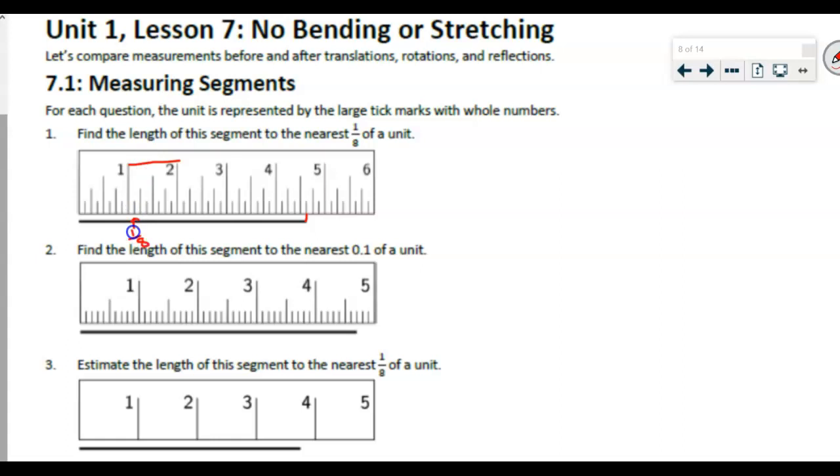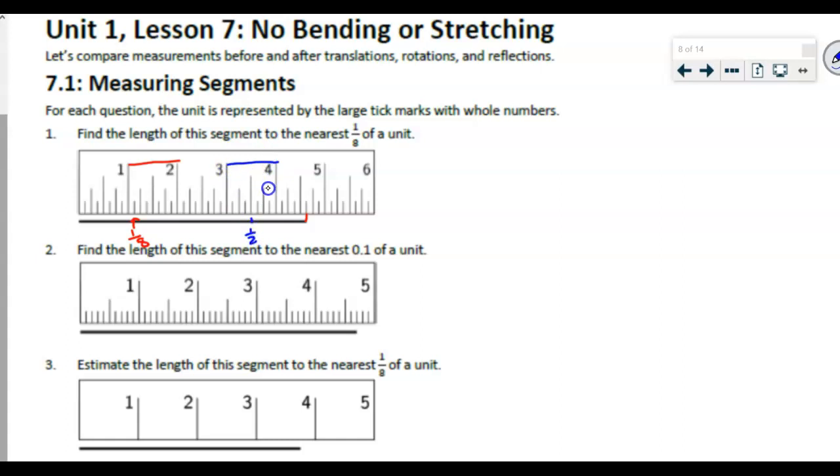Who did it a different way? Okay, you need a different strategy for the future, so please pay attention to this different strategy. Between a set here, a unit, I can see that this tallest mark splits it in half.